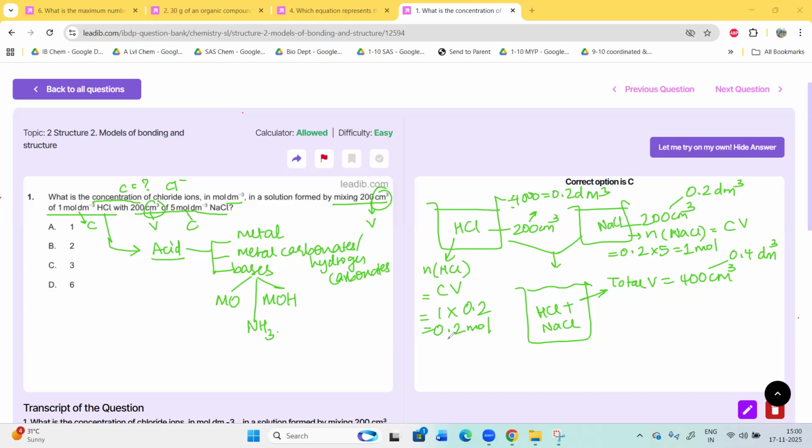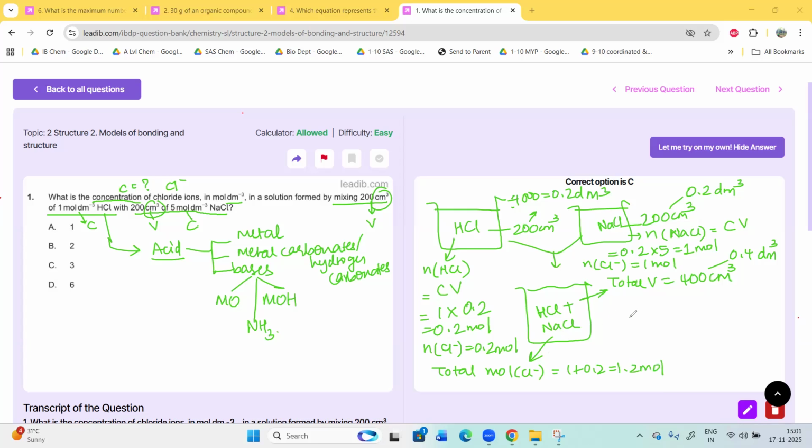Only 1. So the moles will stay the same. So moles of Cl minus will still be 0.2 moles. And here also, one NaCl contains only 1 Cl minus. So therefore the moles of Cl minus here will be 1 mole. So what is the total moles of Cl minus in this beaker now? The total moles of Cl minus will be 1 plus 0.2, which is 1.2 moles.